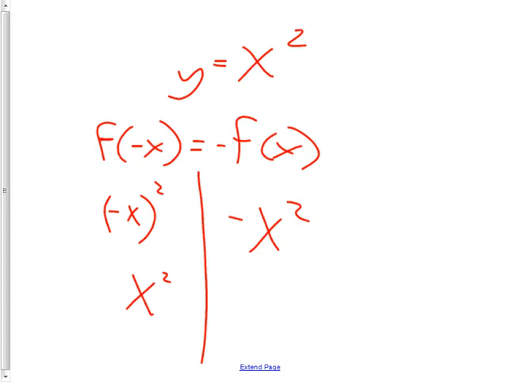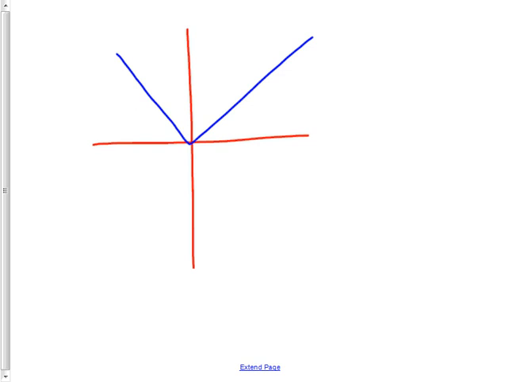Now, you might assume, okay, if it's not odd, it has to be even. Actually, that's not true. There is something called neither. Some functions are not odd, some functions are not even, some functions are neither. Remember how they had to have symmetry? Like say we had this, the absolute value function. Is that odd or even? It's even. And then we had things that were like this, that had odd symmetry, because every point here could go right through the origin and be found another point over there.